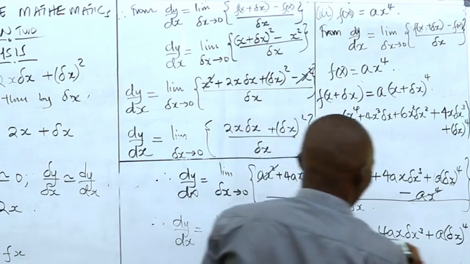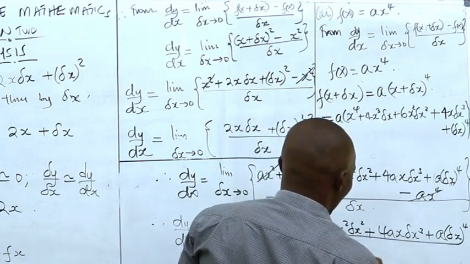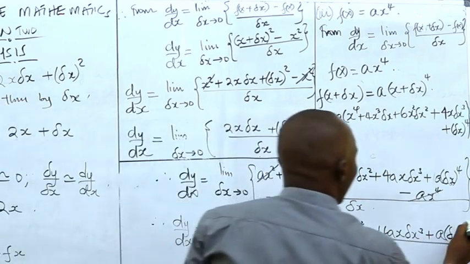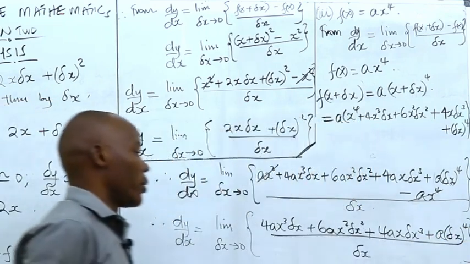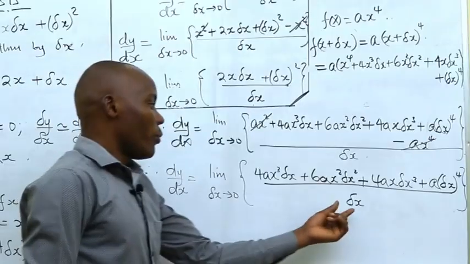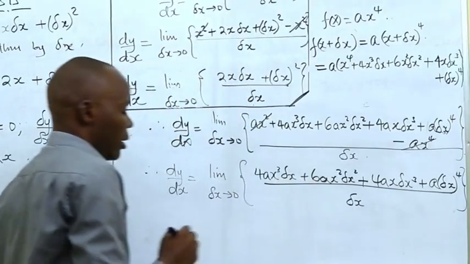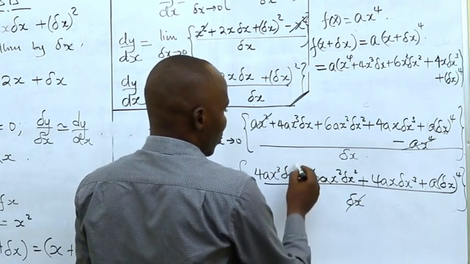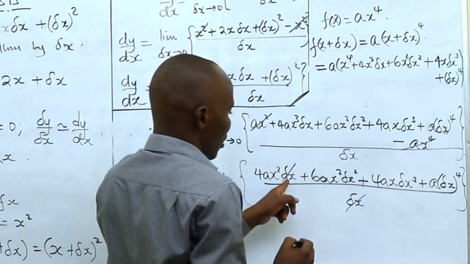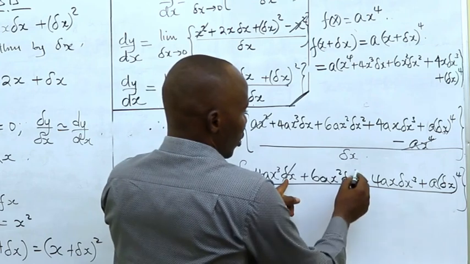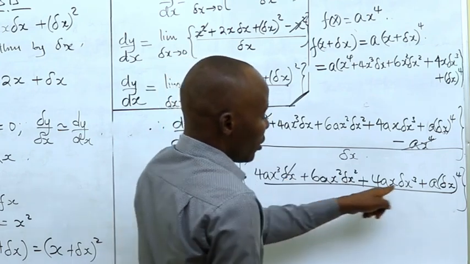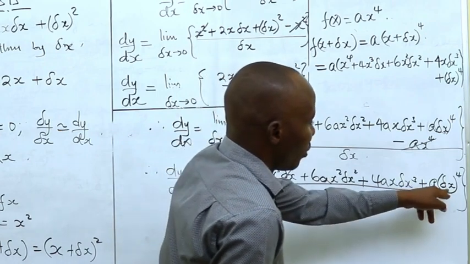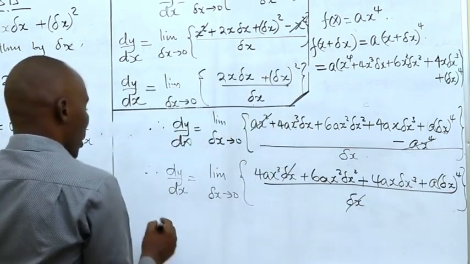Now everything is over delta x. You close this, you close that. So if you divide through by this delta x, you can see here the delta x disappears, but there is one delta x which remains here. Here we remain with delta x squared, here we remain with delta x cubed.